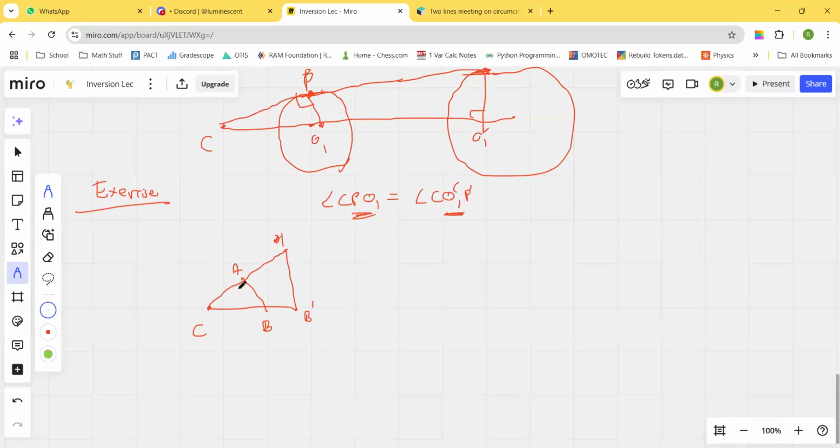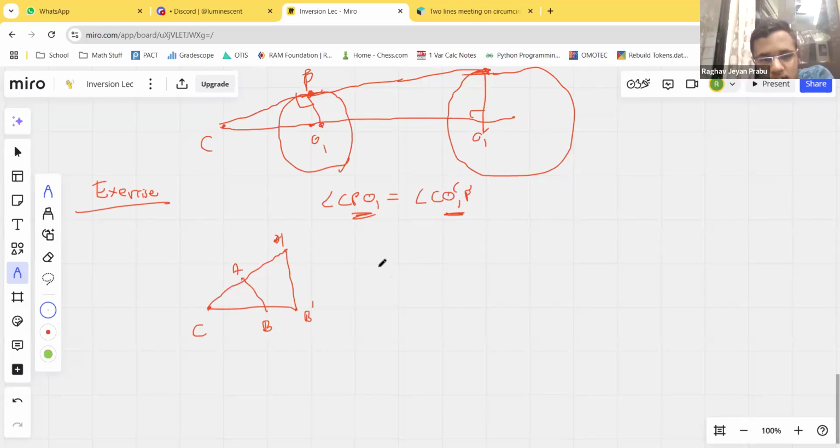Angles and similarity. Right, similar triangles. So you have triangle CAB similar to triangle CB dash A dash, which means that you have CA by CB dash equal to AB by A dash B dash. Right. Does everyone get this?